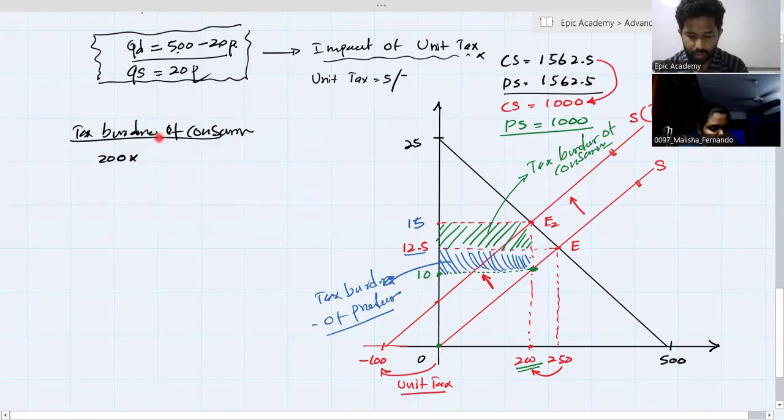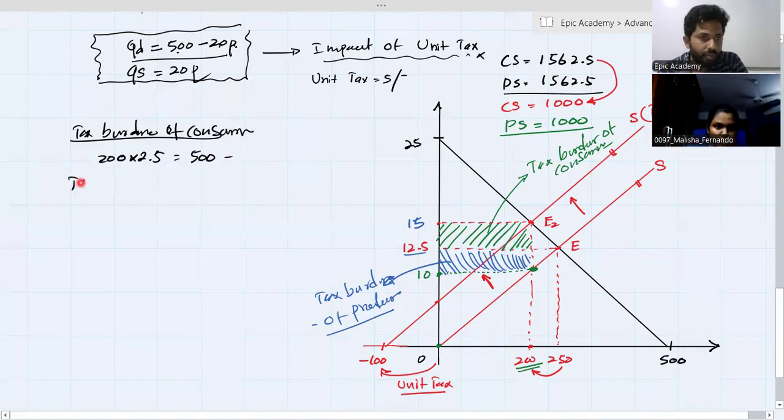It is 2.5. Yeah, 2.5 multiplied by 200. Okay, it is 500. Yeah, 500 is the tax burden of consumer.